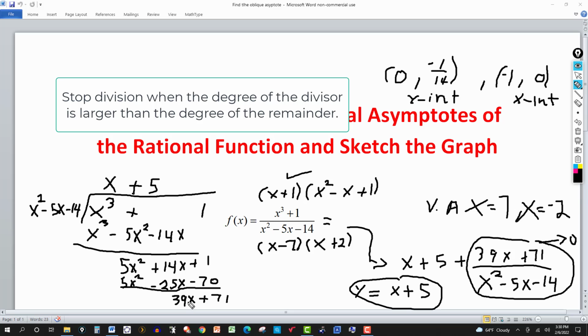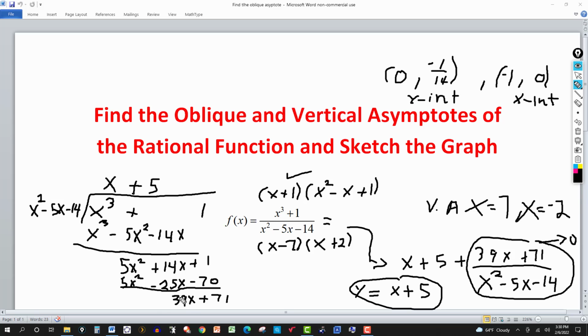In this case, 39x plus 71 is the remainder. It has degree 1, the divisor has degree 2, so we stop. Basically, all you really have to do is discard the remainder and take y equal to x plus 5.